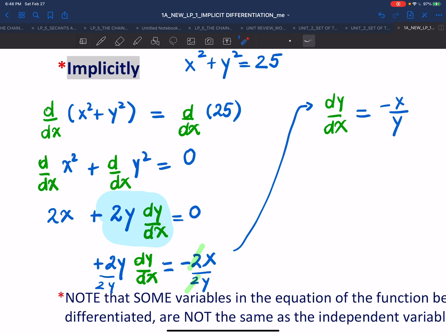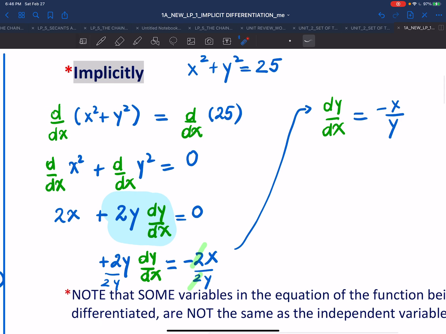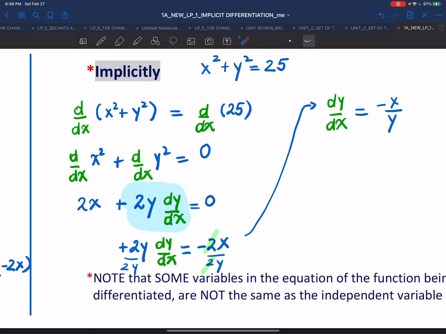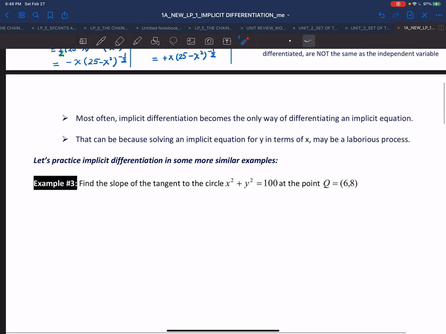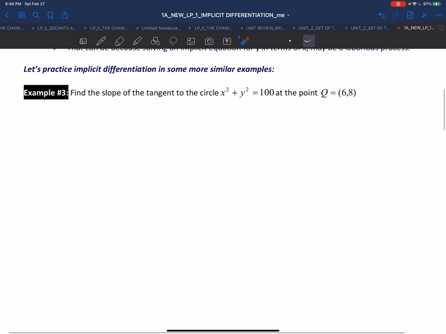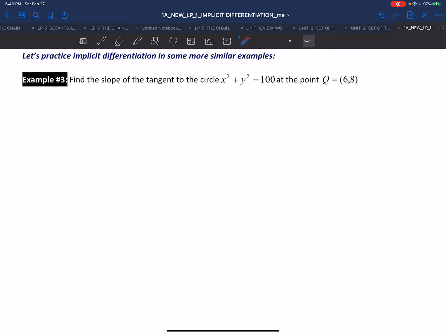For now, let's just practice some more examples of implicit differentiation in some similar examples as the one that we just looked at. So let's take a look at x squared plus y squared equals 100.